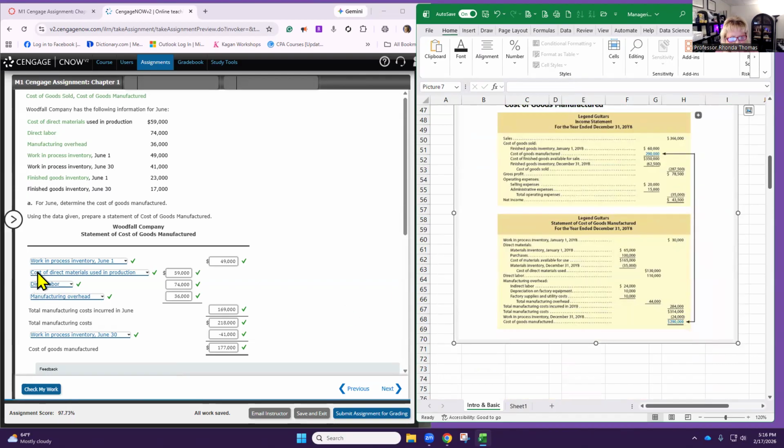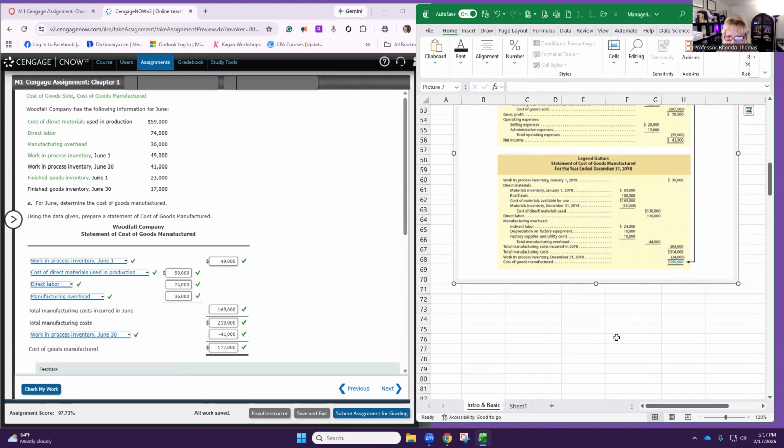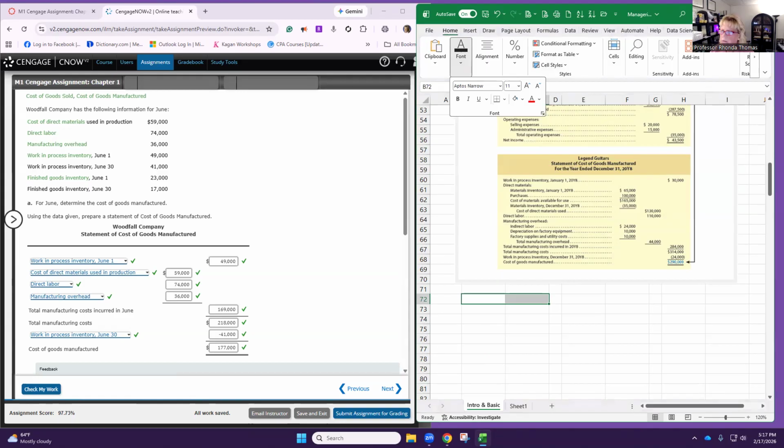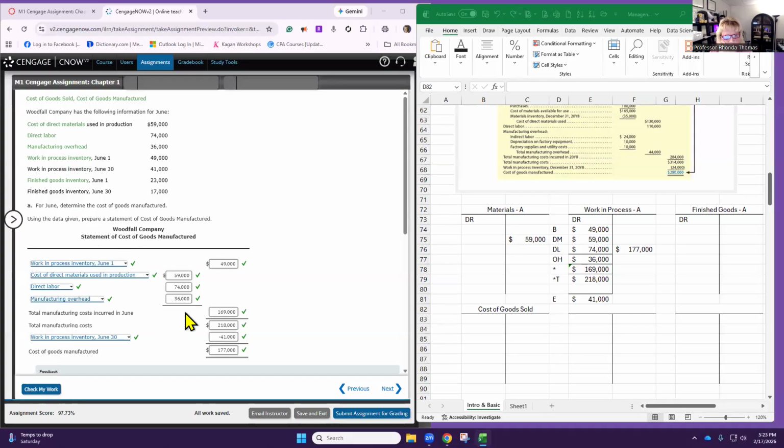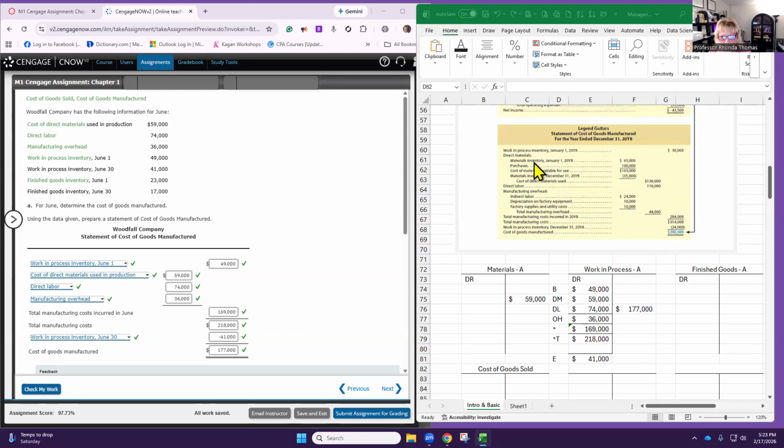At the very top, they start with work in process, and I'm also going to do this in T accounts. Before you put this together, like I said, go get a picture of one. So work in process, cost of direct materials used in production, direct labor, manufacturing overhead.